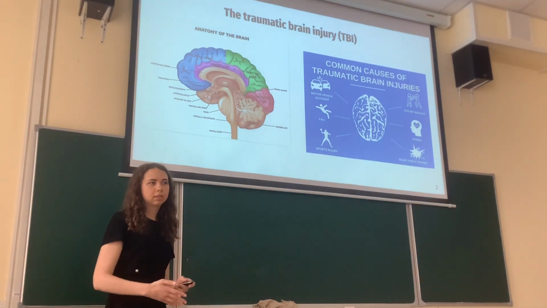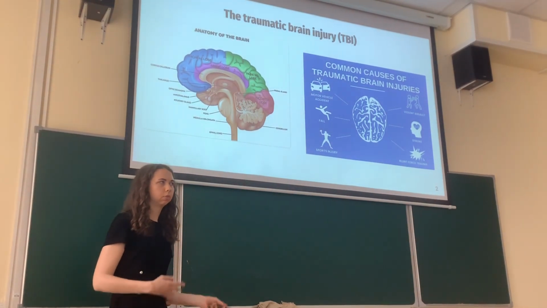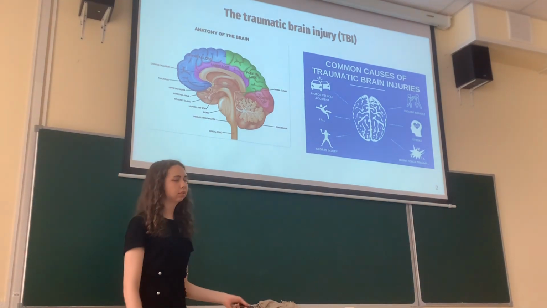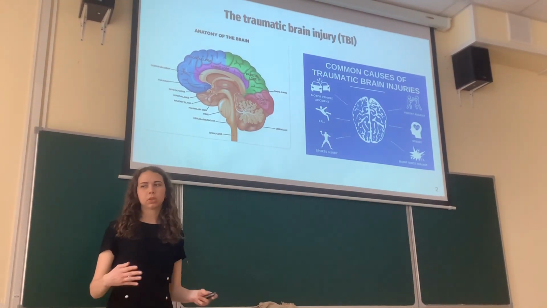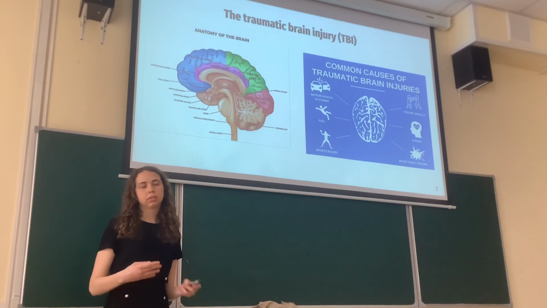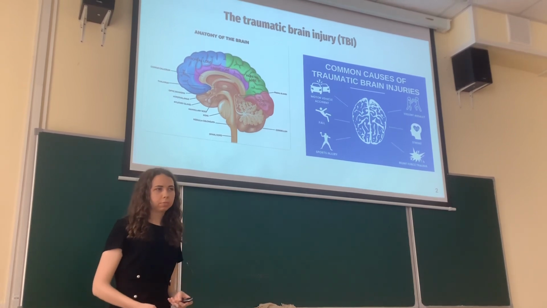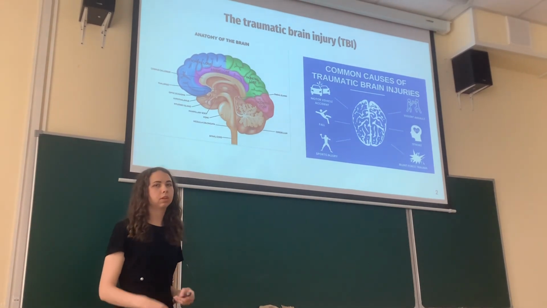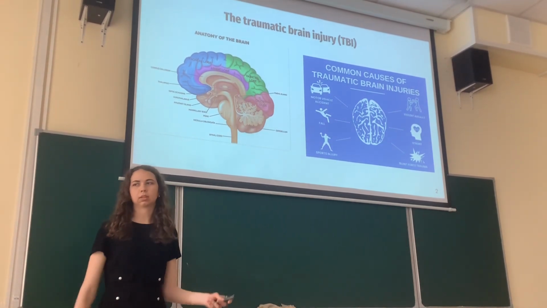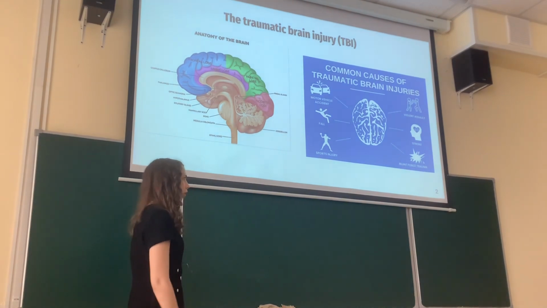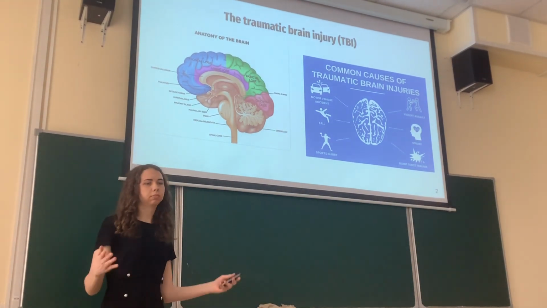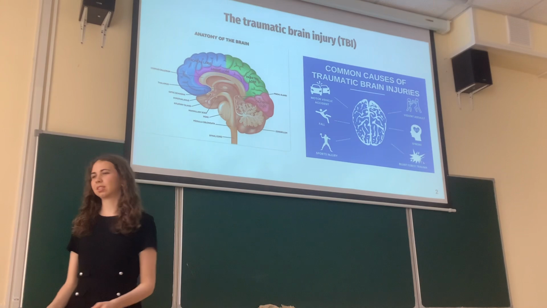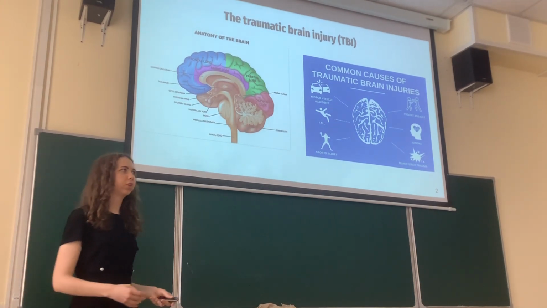The thing is that the pathogenesis of the disease is not always the same. It depends on the type of damage, and that's why scientists have been concerned about this topic, and there's no one cure or certain treatment method.